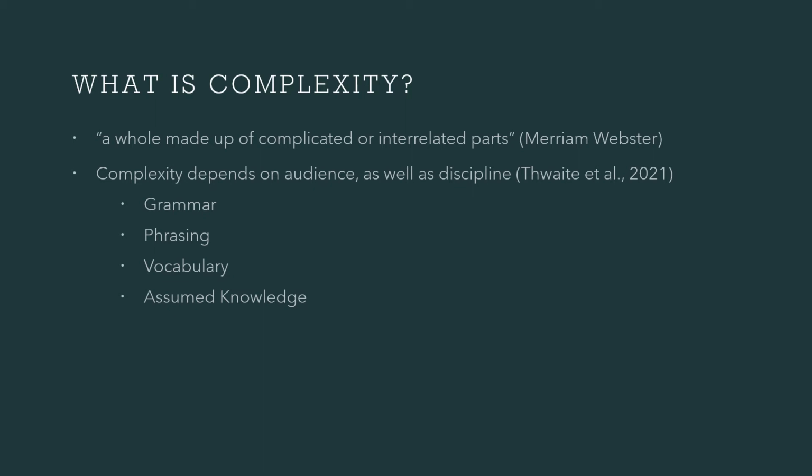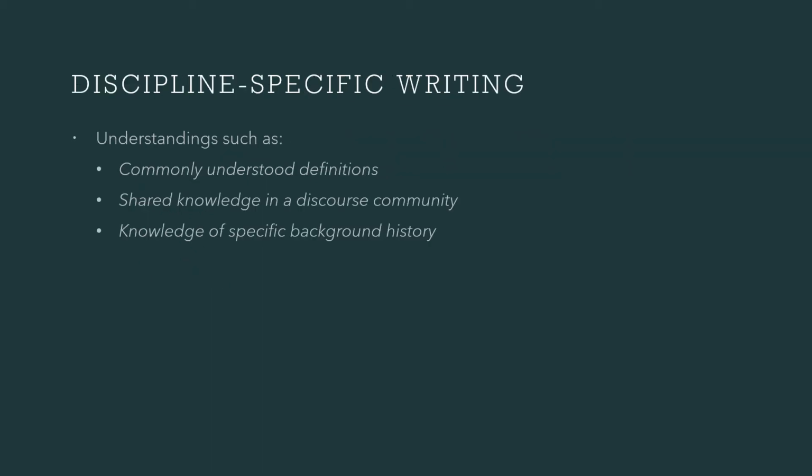And additionally, assumed knowledge, and I'll cover this more on the next slide as well, is partially introduced through college, or another similar academic institution in which people learn and become the kind of audience that academic papers are prepared for.